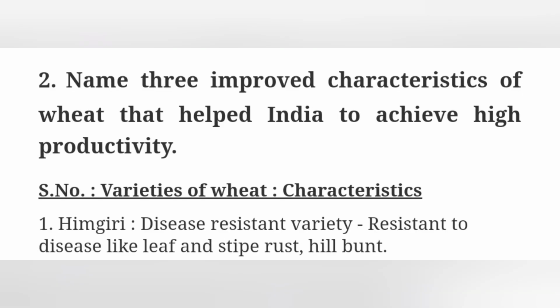Second question, name 3 improved characteristics of wheat that help India to achieve high productivity. Answer, variety of wheat, then their characteristics. First one, Himgiri, disease resistant variety. Then characteristics, resistant to diseases like leaf and stripe rust, then hill bunt.